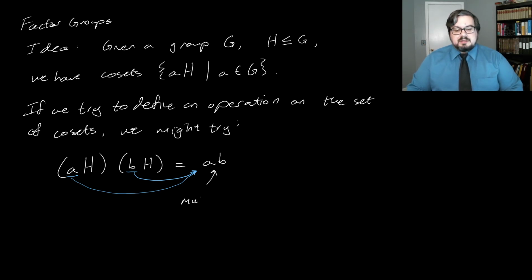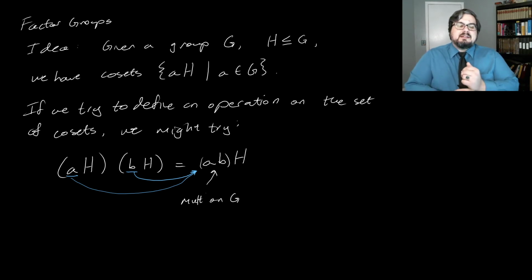So this is the multiplication on G. And we could take that element and look at the coset of H that has that element as a representative.